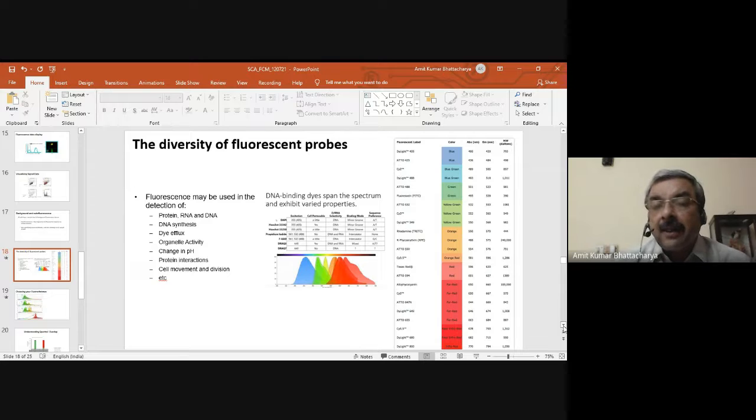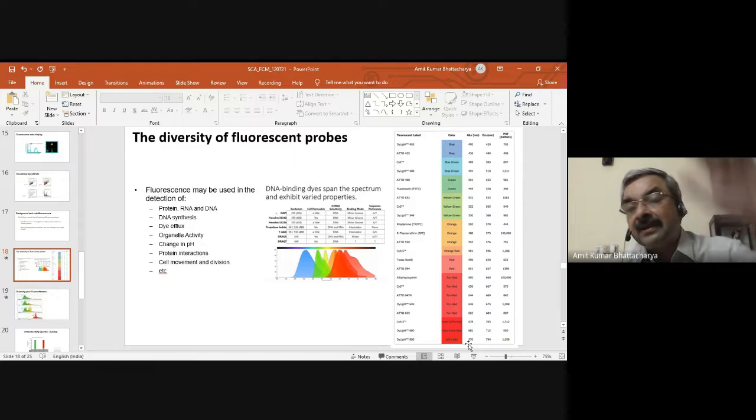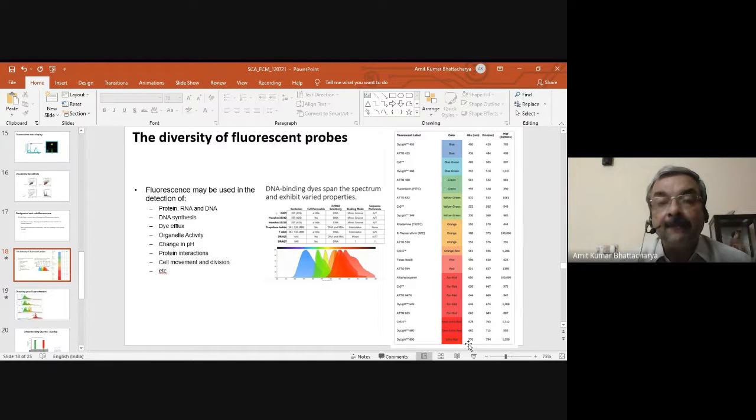These fluorescent dyes are present across different wavelengths, right from short UV wavelengths, blue, through all the visible to the red and the far red. They're present across all wavelengths.